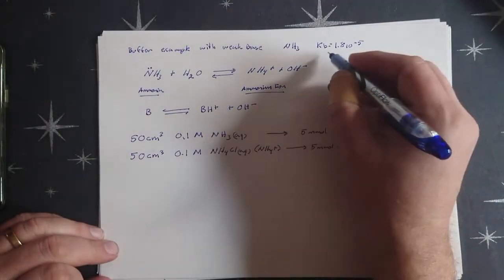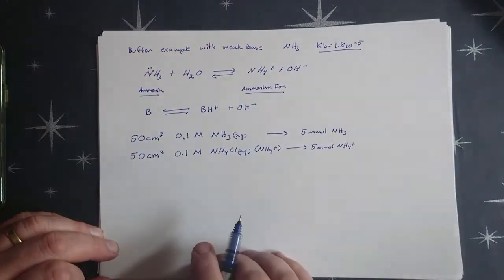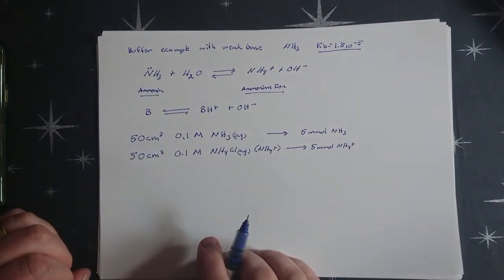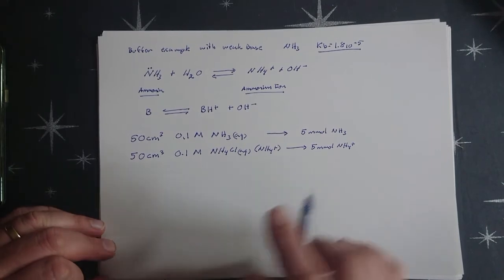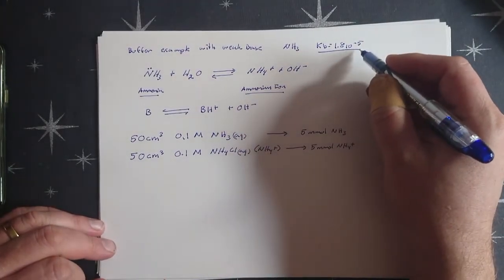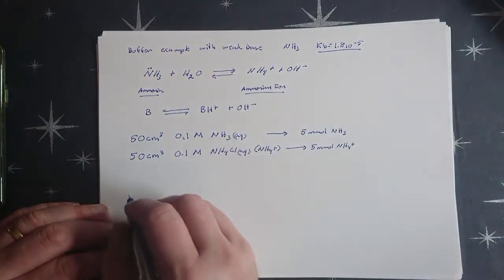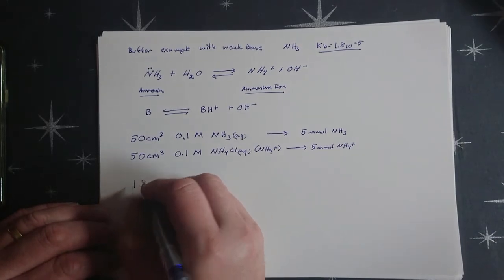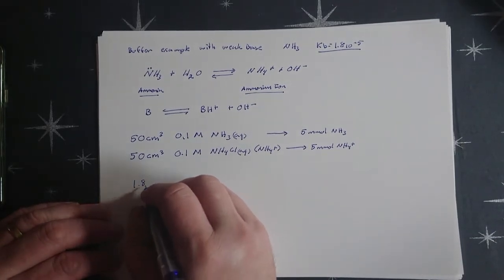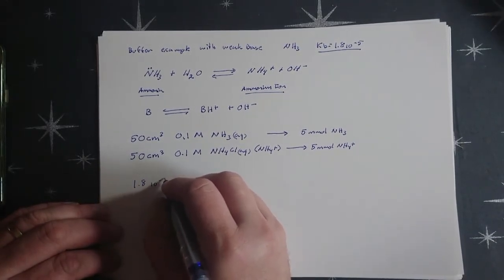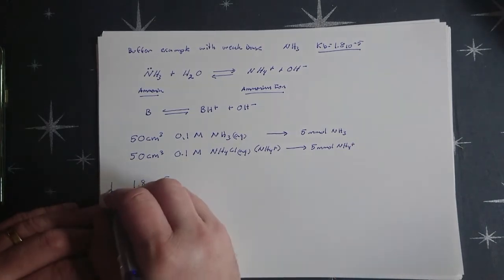Now, we've already talked about how we know that the equilibrium constant, or the dissociation constant for this base is 1.8 times 10 to the minus 5. We should write up what that really means then, so we're real clear about that. So 1.8 times 10 to the minus 5 is the KB.